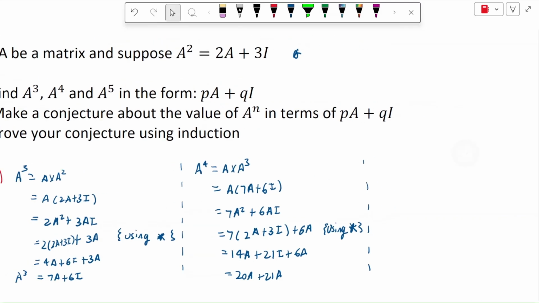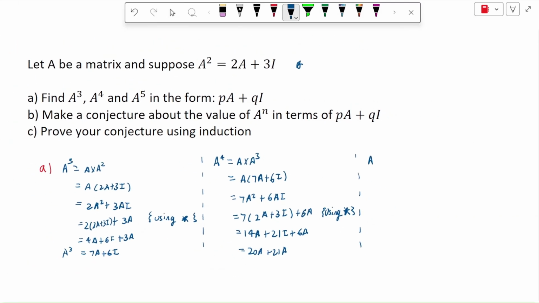Make sure you pause the video and try A to the 5 if you haven't done that already, but I'll show you how that one works. A to the 5 is A times A to the 4. That's A into the answer we just got for A to the 4, which was 20A and 21I. Okay, 20A plus 21I.